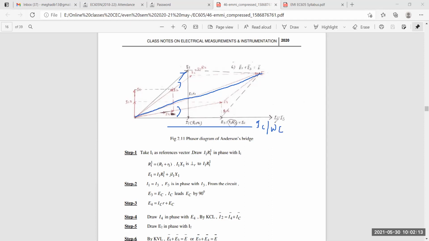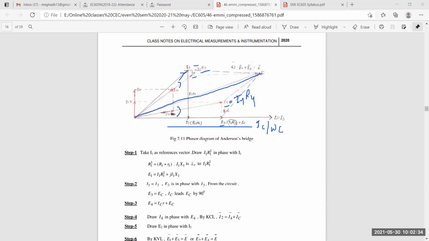What is left is E2. This is the I2 current flowing, so E2 is I2R2. So you have got E3, E2, and E1. Left is E4, which we can simply write as I4R4.